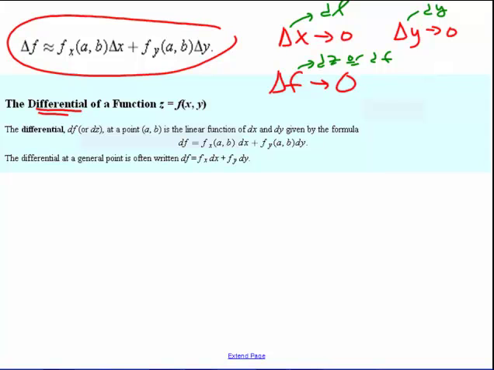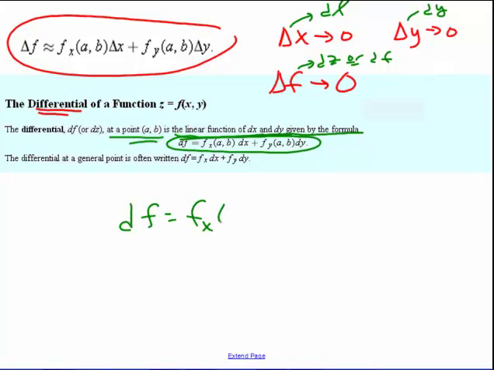And just to read it, the differential at a point a, b is the linear function of dx and dy. So that's what the differential is defined as. It's the linear function of dx and dy given by this formula here. So our differential df equals f sub x at ab dx plus f sub y at ab dy.